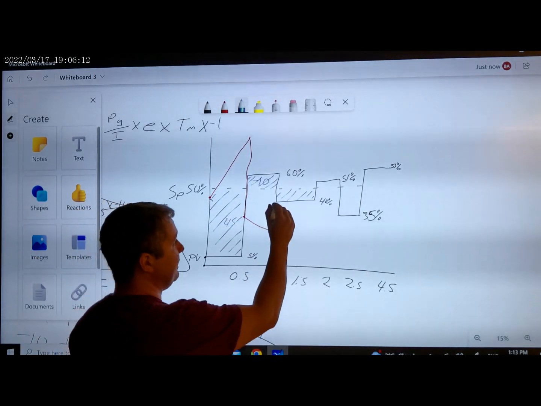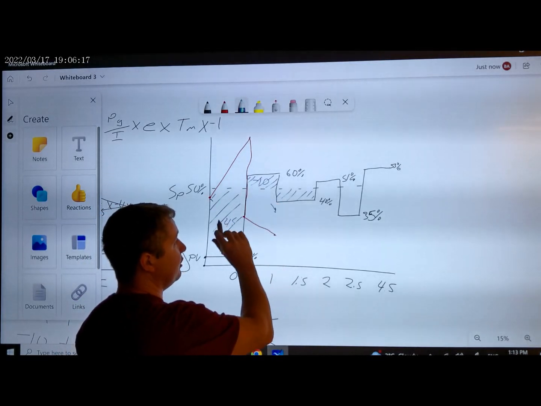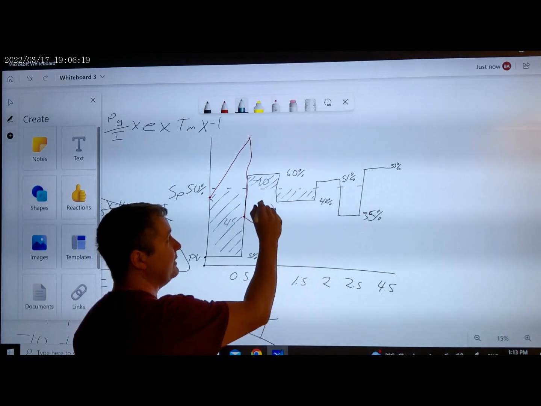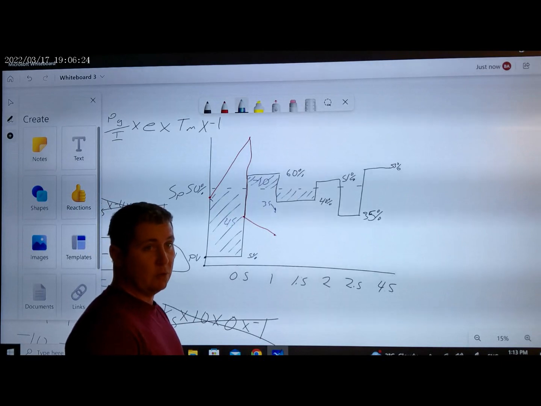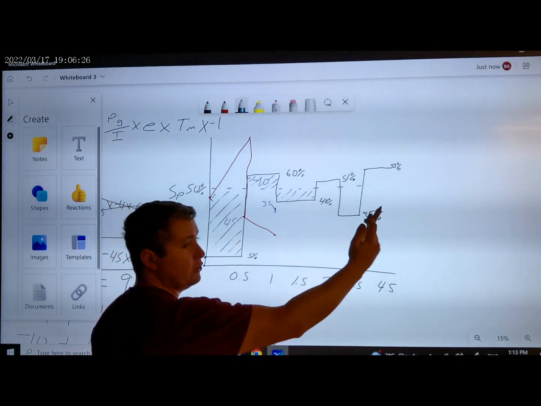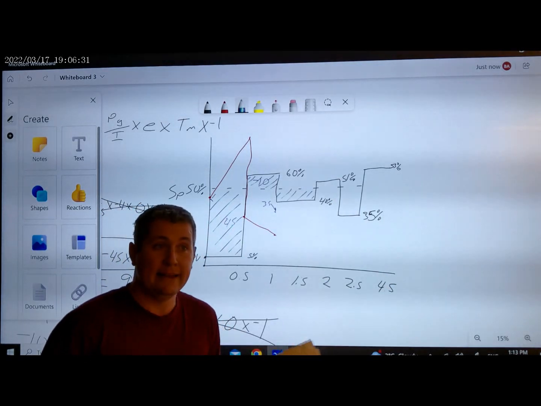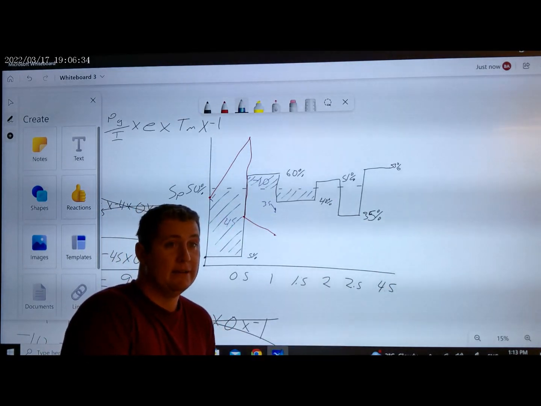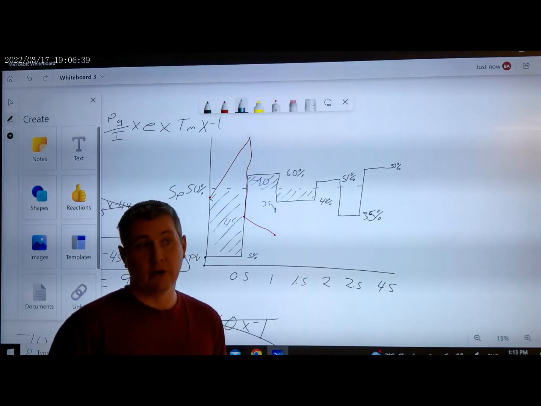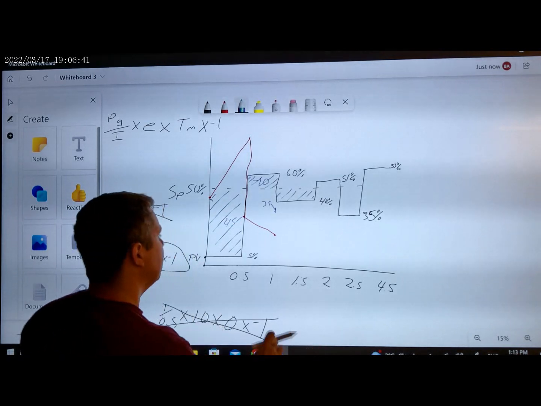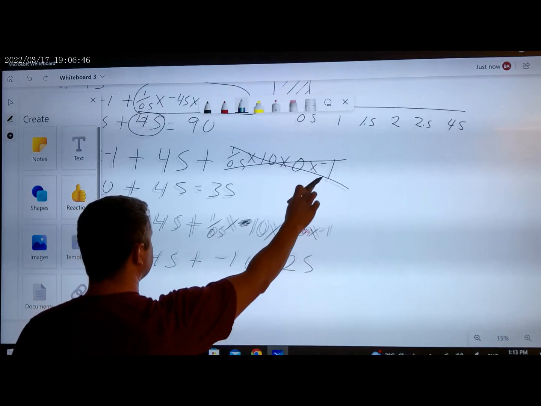So at this point right here, our cumulative integral is 35. It's 45 minus 10, right? We're going to accumulate that integral, whether it's a positive accumulation or whether it's a negative accumulation. And then we just add the proportional component of it, which is proportional times your error. Okay. So now we know we have 35 there.